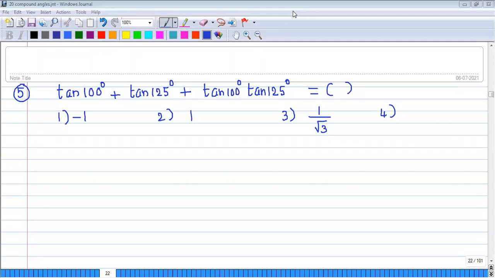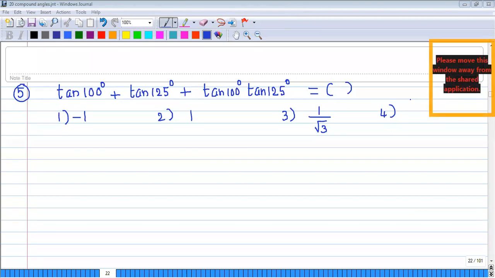Pallavi, unmute yourself. So the fourth one is 1 upon 2.